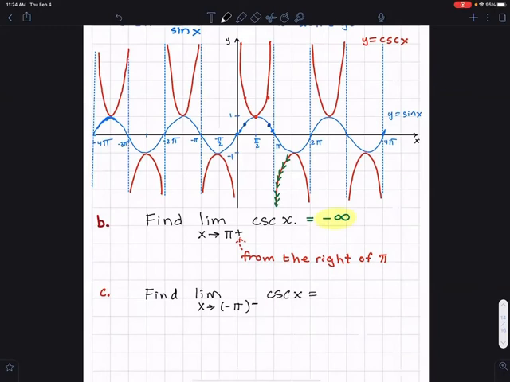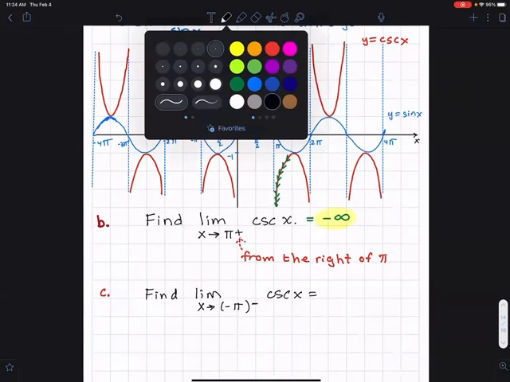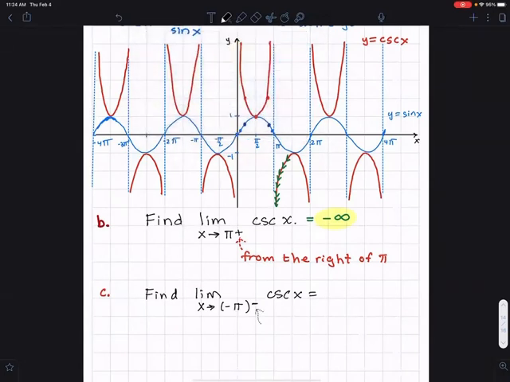Okay, let's see if you can figure that one out. So what does this minus mean? That means that we're coming from the left.